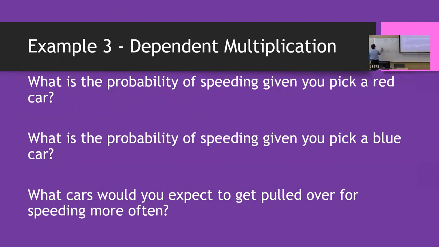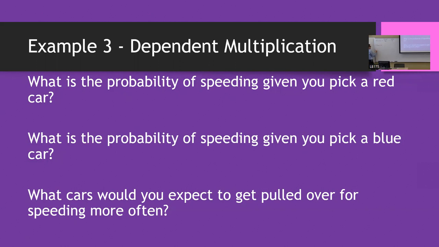So here's what I'd like you to do. There are three questions in front of you. Two that require you to answer probabilities. The first says, what's the probability of speeding given that you choose one of the red cars?